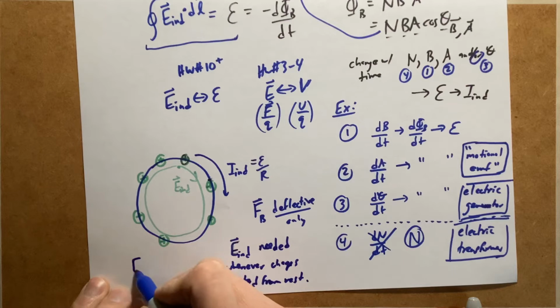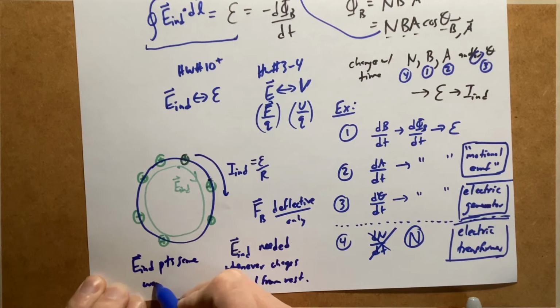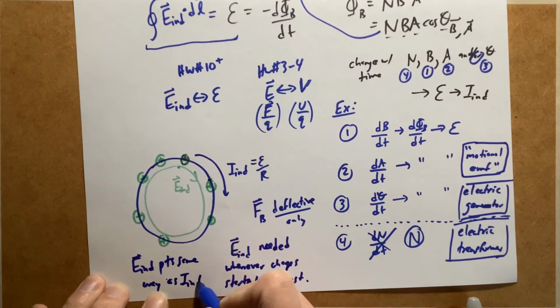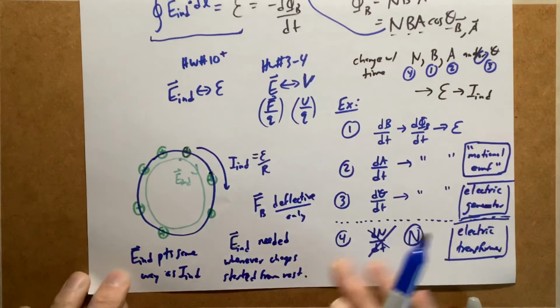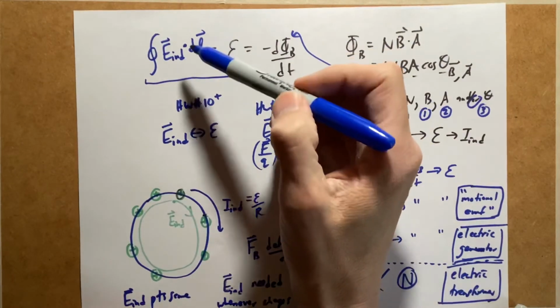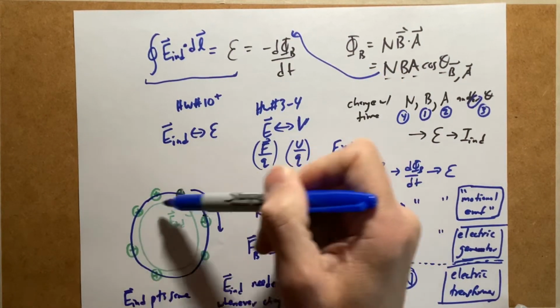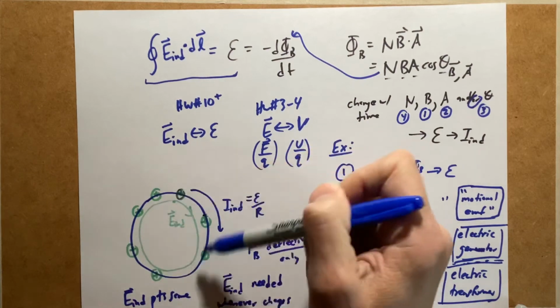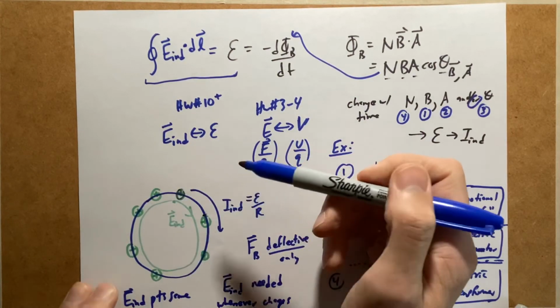And the induced electric field points the same way as the induced current flows, right? Current's made out of positive charges, so whichever way they want to go, positive charges also want to flow downstream to the induced electric field. You can see the E induced does form a closed circle, right? If these charges are flowing around in a circle, then the E induced is pointed that same way.